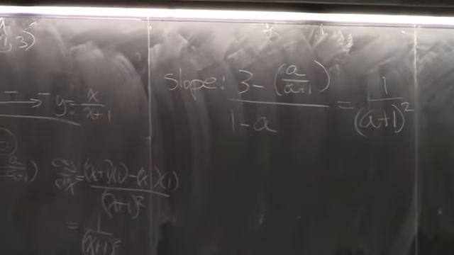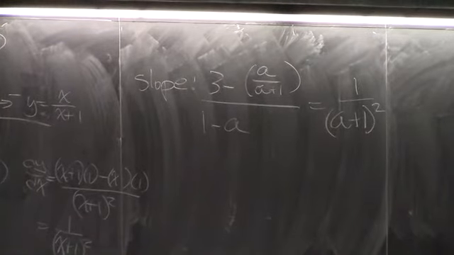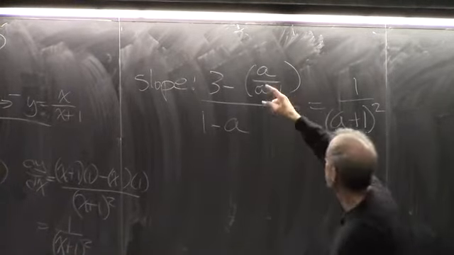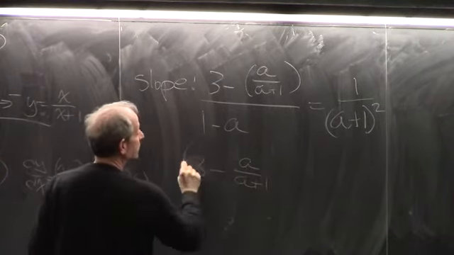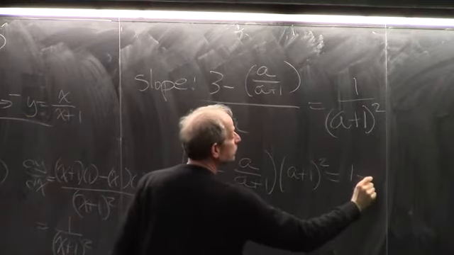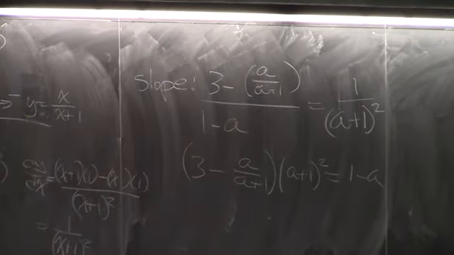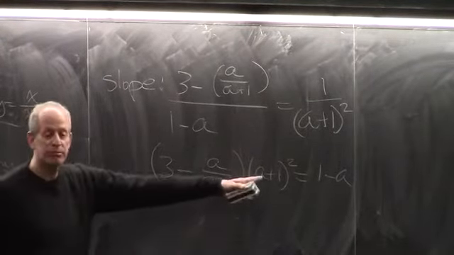Now I can solve these by setting them equal to each other. It's a little annoying, but I can do it. So cross multiply, and you get 3 minus a over a plus 1, times a plus 1 squared, equals 1 minus a. So that's annoying, but not so hard. So let's distribute that a plus 1 squared.